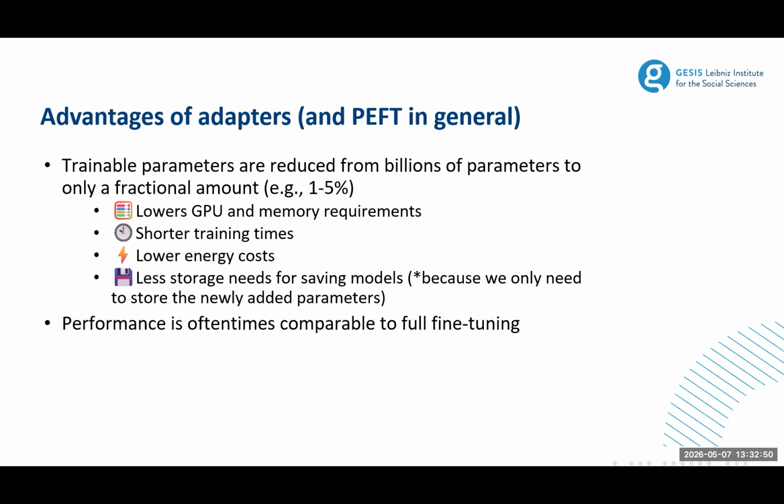So to sum up, the advantages of adapters and of parameter efficient fine-tuning in general are that the trainable parameters, those that are costly, are reduced from billions of parameters to only a fractional amount. It depends on how you implement the adapters and how much reduction you want or need, but a rule of thumb would be to reduce to 1 to 5% of the original parameters.